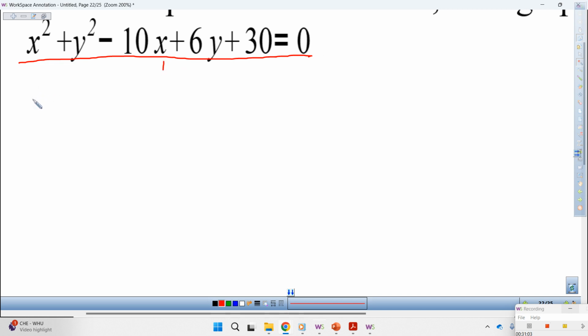And that leaves us with, now check this out. After this step, we're going to keep the x's with the x's and the y's with the y's like this.